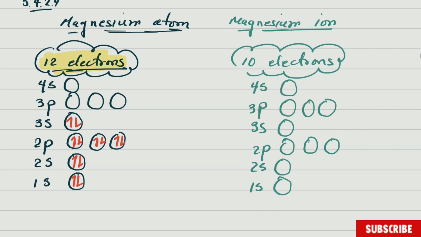You are not going to go to 4p or 4d. The 4s will be enough for all the ones you have to learn. And now we have to represent 10 electrons. So it's 1, 2, 3, 4, 5, 6, 7, 8, 9 and 10. And this is the orbital diagram for the magnesium ion here.